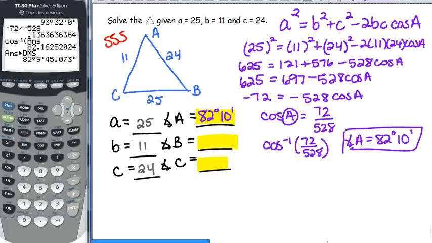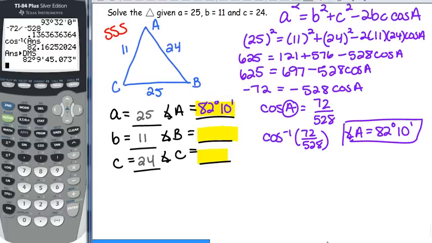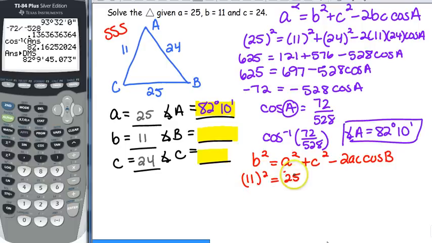We need to go ahead and solve for B. So if I'm solving for B, I'm using B squared is equal to A squared plus C squared minus 2AC cosine of B. We fill in what we know. 11 squared is equal to 25 squared plus 24 squared minus 2 times 25 times 24 cosine of our unknown angle B. Alright, so now I want you to do the hard part on your own.